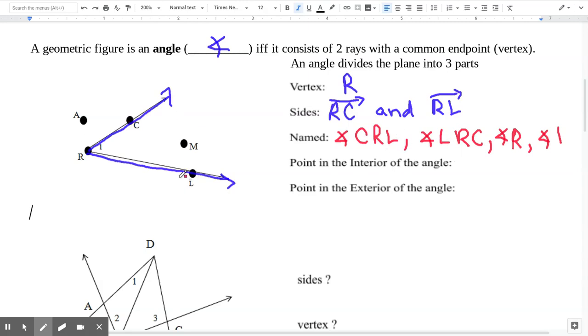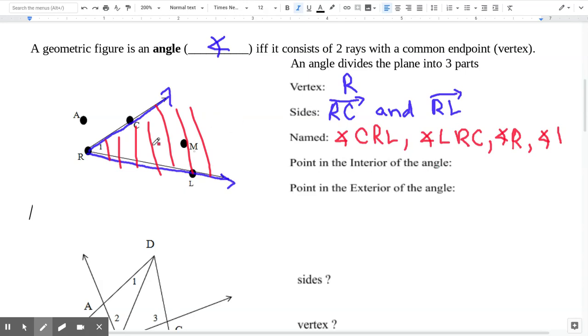So then we have what's called the interior and the exterior. The interior is the inside of an angle. So if you look at this angle, here are the sides of our angle. If we were to look at the space between our two sides, this is considered the interior.